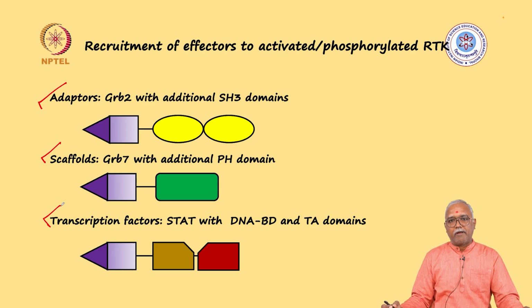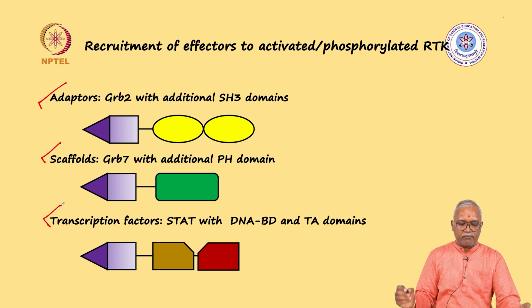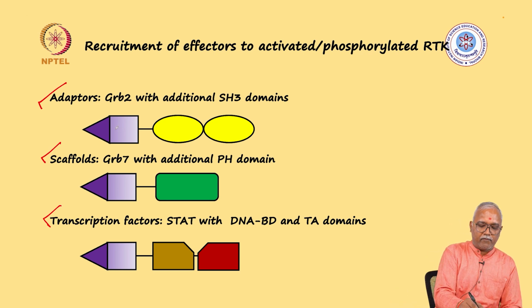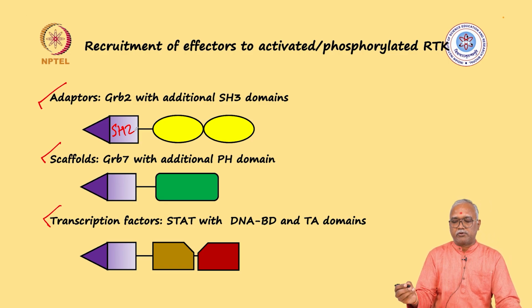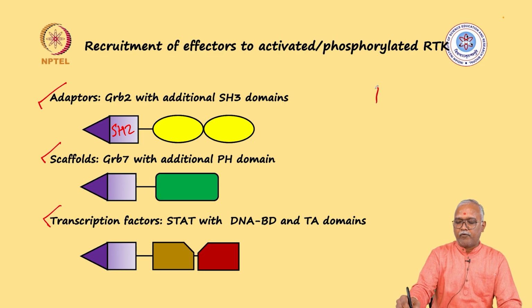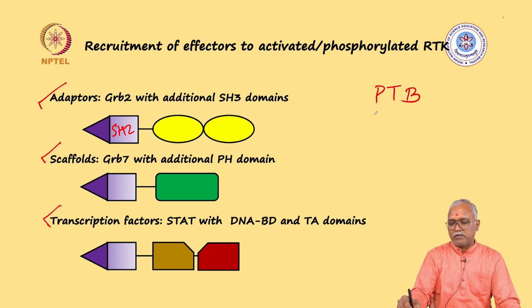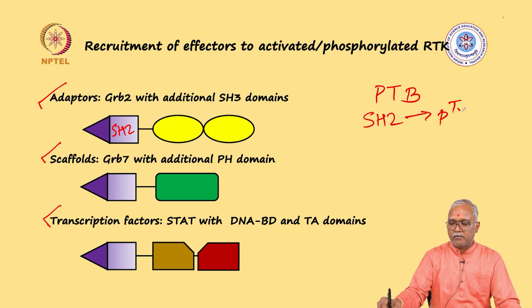Remember, for all of them there is one domain which is mandatory, which you see here. This domain, if I label it as SH2 domain, you can also say in addition to SH2 domain, it could be phosphotyrosine binding domain. Why? Because SH2 is one of the first domains identified which has the affinity for phosphotyrosine.